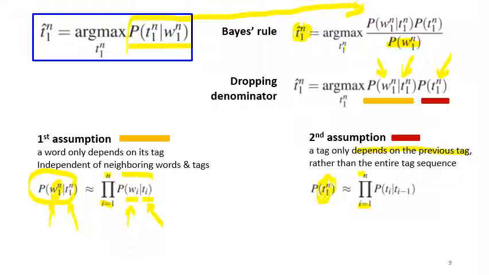So the probability of tag i only depends on the tag at position i minus 1. Okay, so when you want to calculate the probability of seeing the tag at tag 3, for example, you only need to look at tag 2. So that simplifies the matter from a sequence to just seeing each position and the one position just before that.